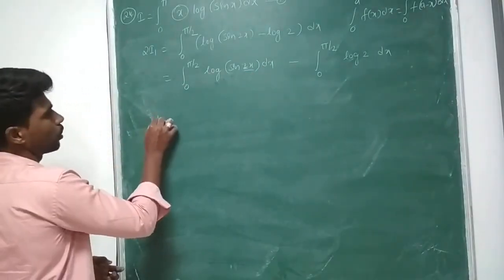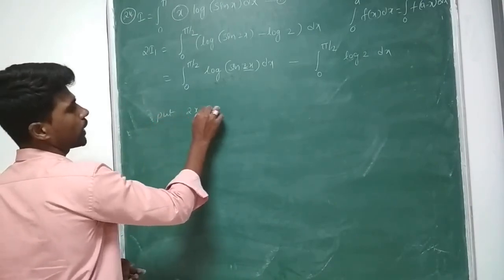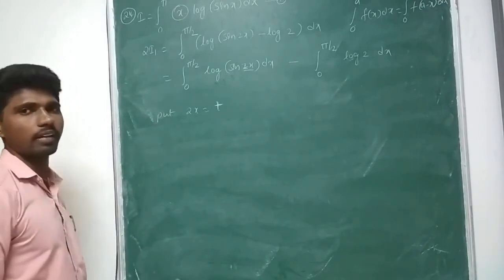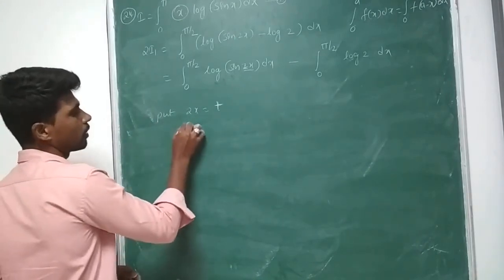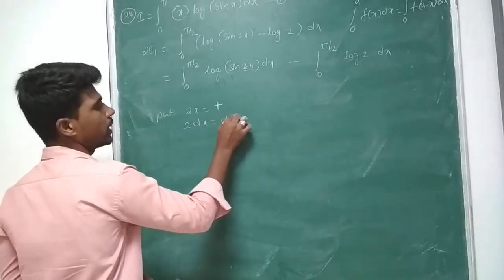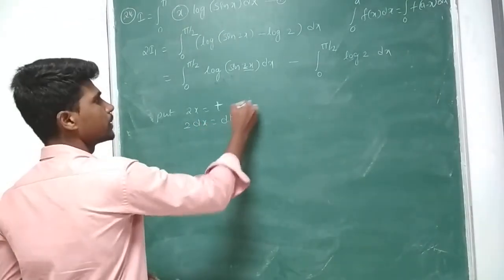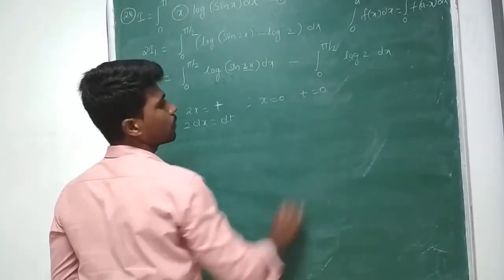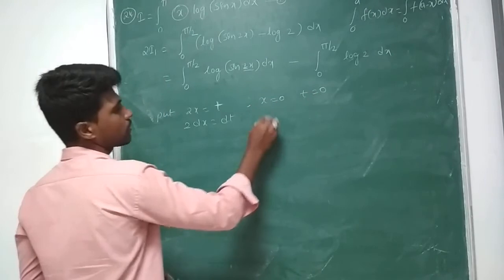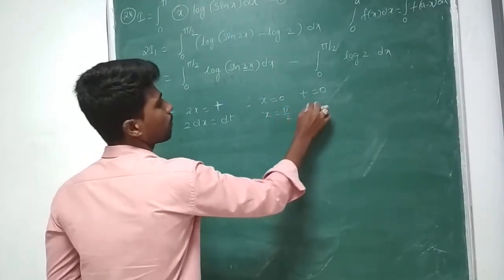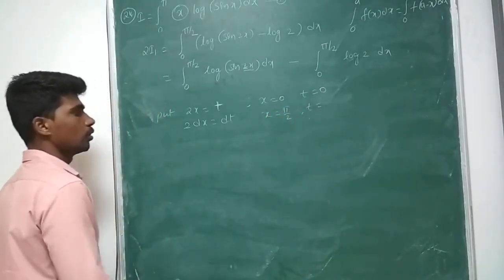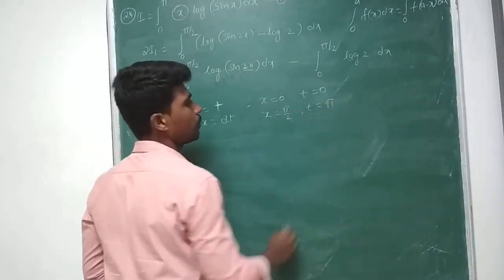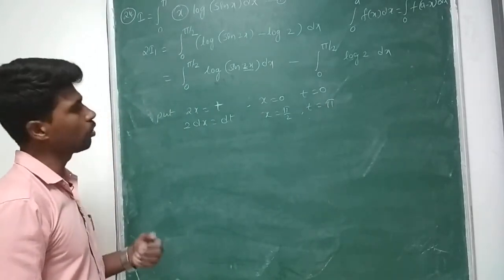If I substitute 2x as t, then 2 dx will be equal to dt, and for the limits, if x is equal to 0, the value of t will be 0, and if x is equal to pi by 2, the value of t will be 2 into pi by 2, which is pi. So the limits in terms of t are 0 to pi.